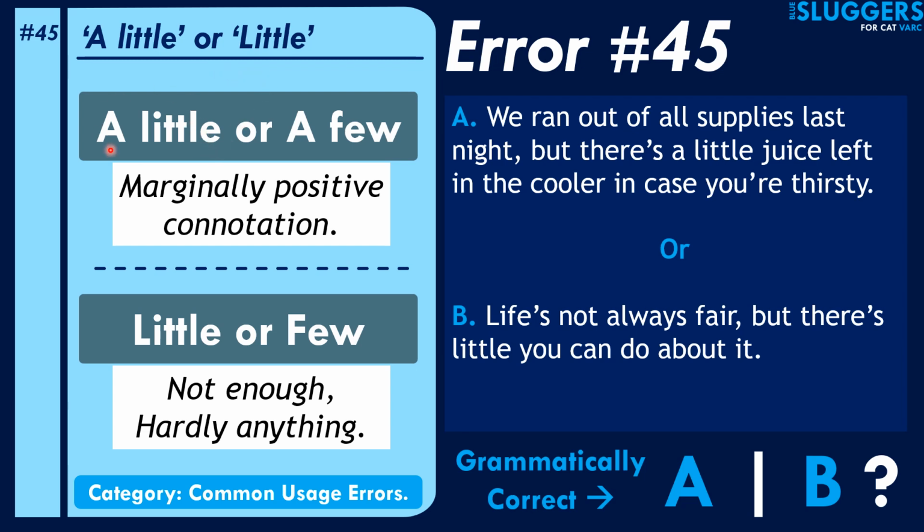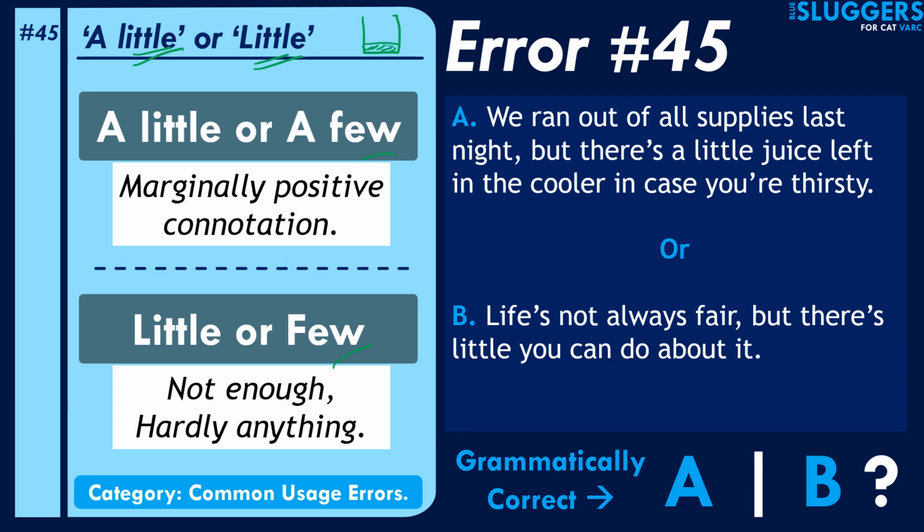So for example, whenever you say 'a little' or 'a few', you essentially have a marginally positive connotation associated with it. See guys, in both cases the 'little' part is constant, or the 'few' part is constant. The only difference is, let's say there is a little water in the glass.